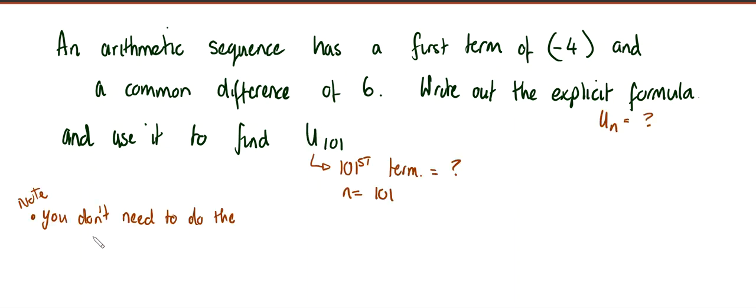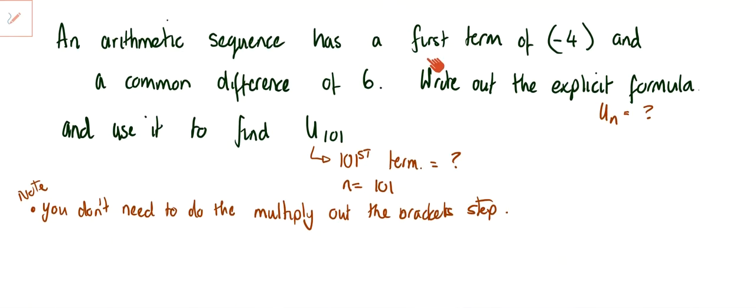Pause just in case you watch it. You don't need to do the multiply out brackets step. You don't have to do that. Does that make sense what I've just said there? So, for instance, here, where we had it set up with the formula, just put the numbers in, and then I said, is that the same as we got the other way?